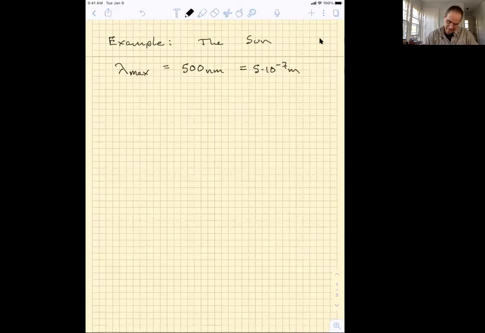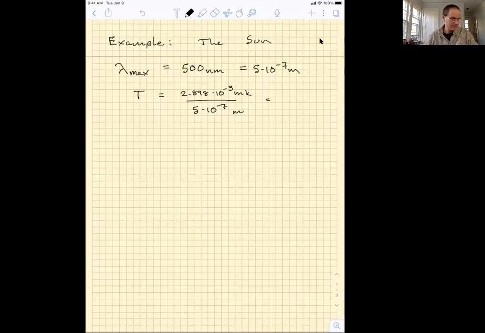So the temperature of the sun should be 2.898 times 10 to the minus 3 divided by the peak wavelength, where we just solved the formula for temperature.